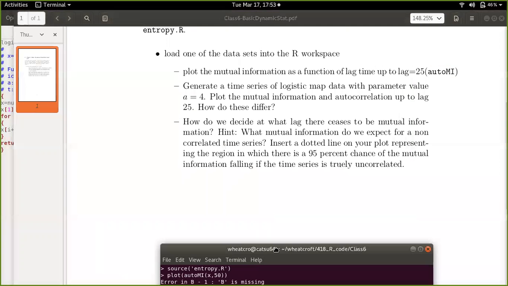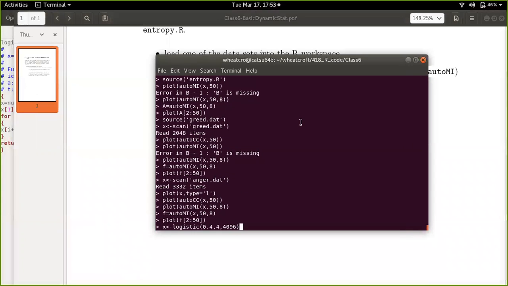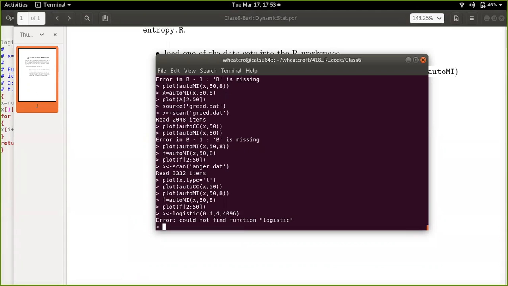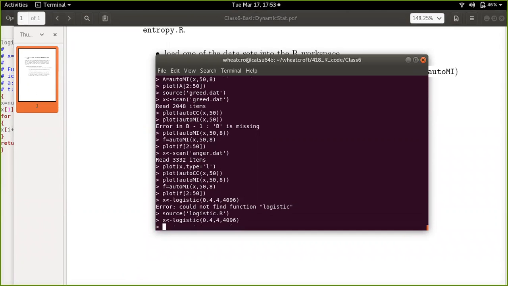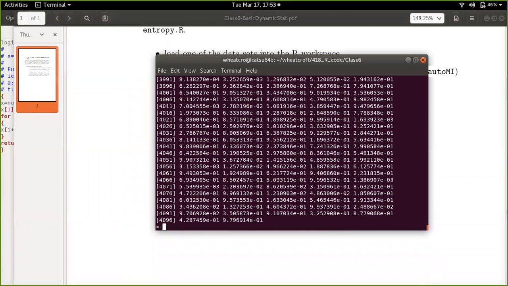I think that's what. Yeah, it doesn't ask you how long the time series should be. So okay, we need to load this in first. We generate the time series and call it x. And here we have it.